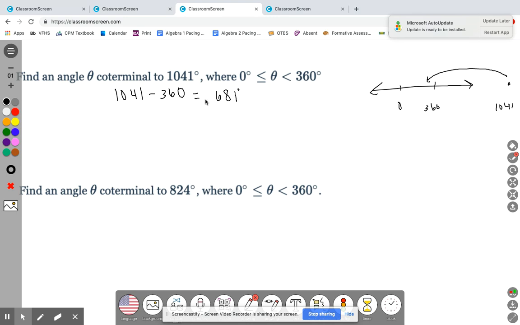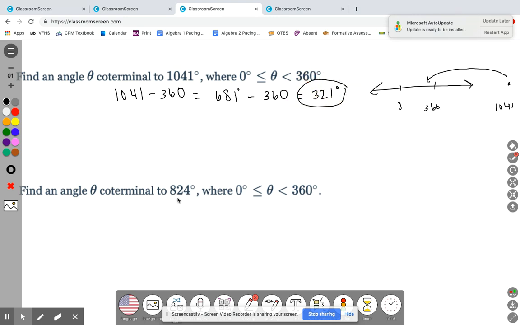Although those two angles are coterminal to each other, I'm not where I want to be between 0 and 360 yet. So I'm then going to again subtract a 360, and I will get 321 degrees. And we can all agree that 321 is in between 0 and 360. So we found our first answer.